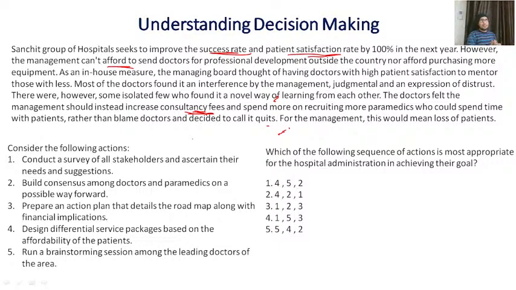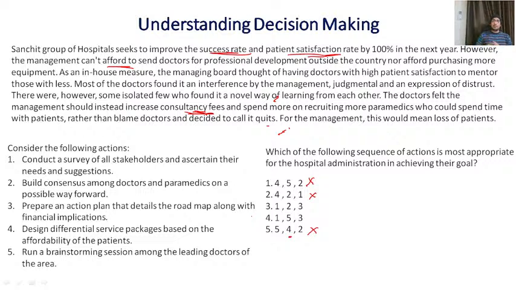Differential service packages can also mean that you focus more on rich people rather than poor patients. But how do you know that the lower patient satisfaction index is only because of the rich people and not poor people? You don't know it. So I will directly avoid option number 4, which means first is gone, second is gone, and fifth is gone because it includes fourth, which means the answer has to be either 3 or 4. Now I will look at option number 5.